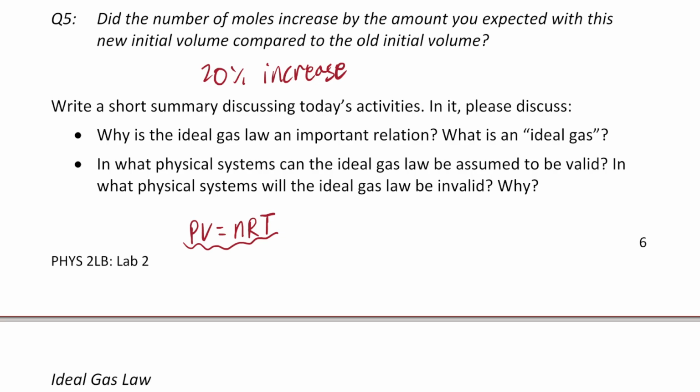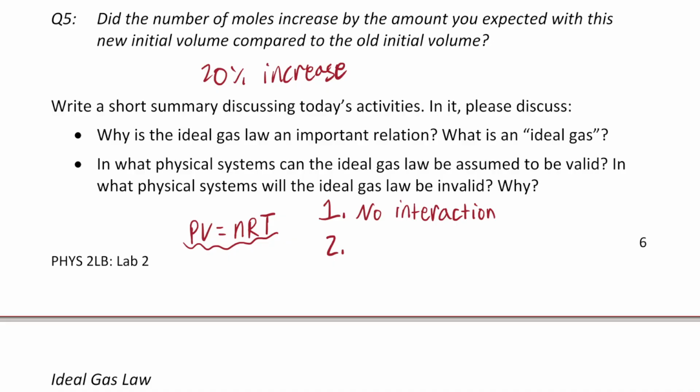And then the next thing is, what is an ideal gas? So an ideal gas, again, in the beginning, we said it follows two things. There's no interaction. Sometimes you'll see that people say an ideal gas has molecules that can hit each other as long as it's perfectly elastic, meaning no energy is lost. And yeah, that's true. But a lot of times we just say that it's no interaction in general.